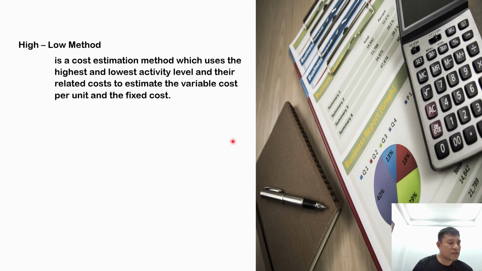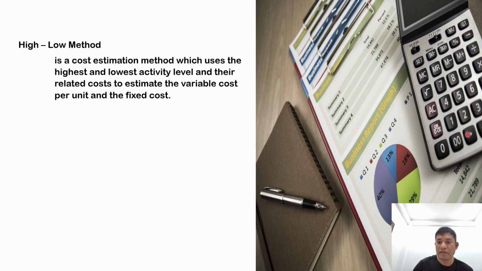For the purposes of analysis, mixed costs are usually separated into their fixed and variable components. The high-low method is a cost estimation method which uses the highest and lowest activity level and the related costs to estimate the variable cost per unit and the fixed cost.